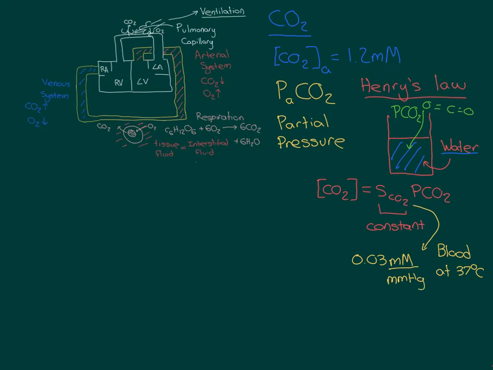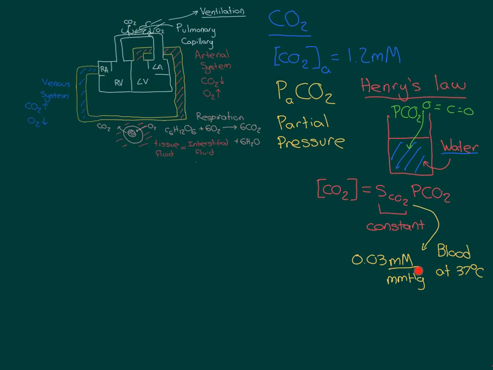Okay, so you will find that in biology, in medicine, when we're talking about pressures, we always generally use millimeters of mercury as the units for pressures rather than pascals or atmospheres.